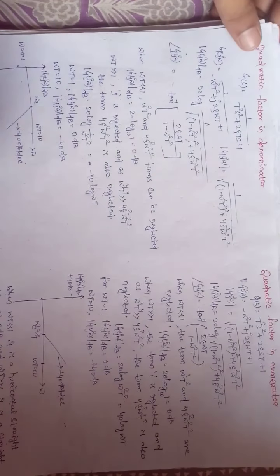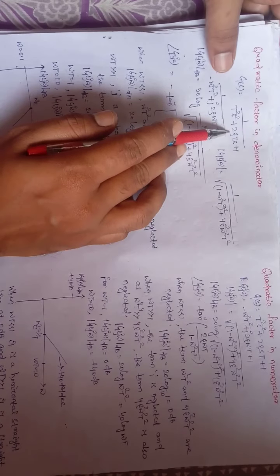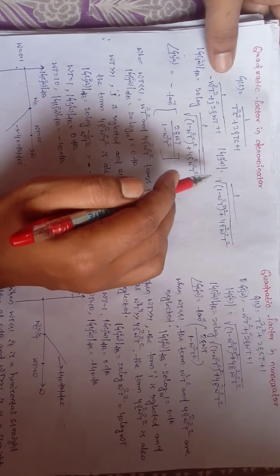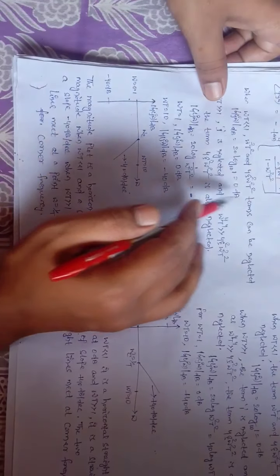Okay, let's move to the quadratic factor. If there is a quadratic factor in the denominator, how will the Bode magnitude plot look for this particular factor? These are the mathematical derivations; I will give the conclusion.